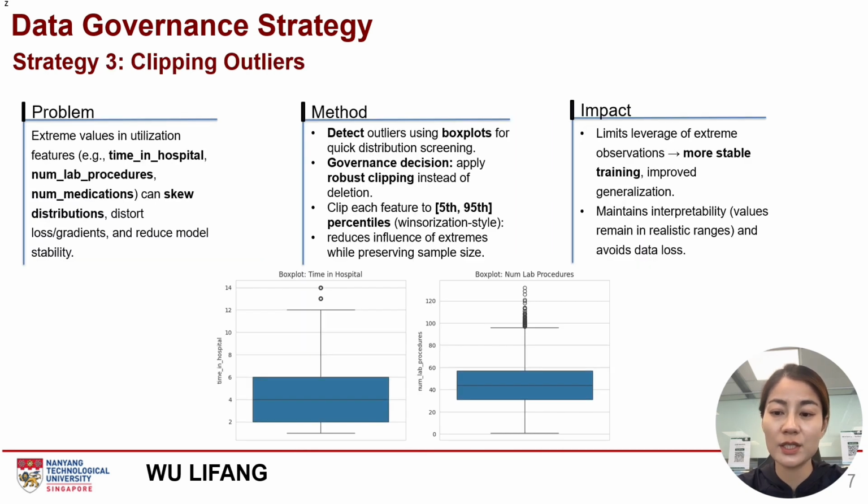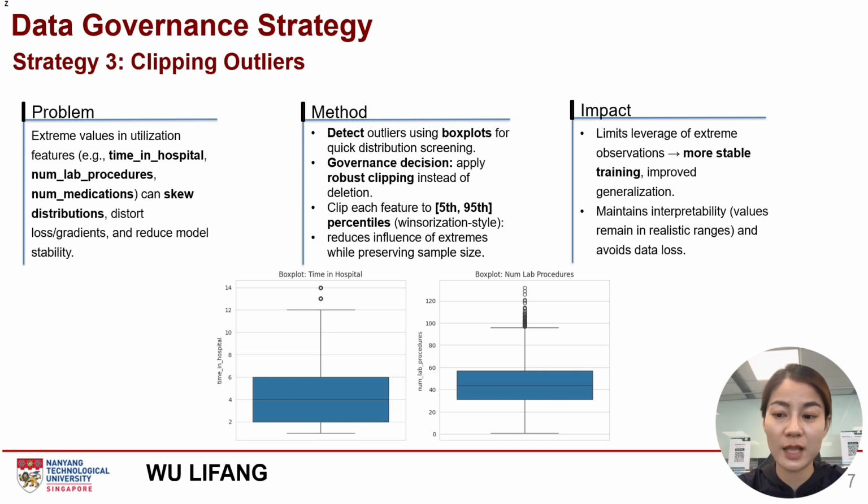This slide addresses outliers in key utilization variables, such as time in hospital, number of lab procedures, and the number of medications. Extreme values can dominate the learning signal, skew feature distributions, and make model training less stable. We first screen these variables with box plots to confirm heavy tails and potential extremes. Our governance choice is robust clipping rather than dropping records.